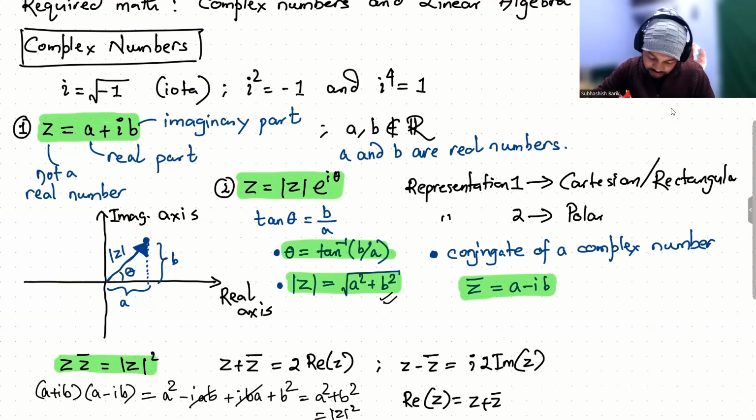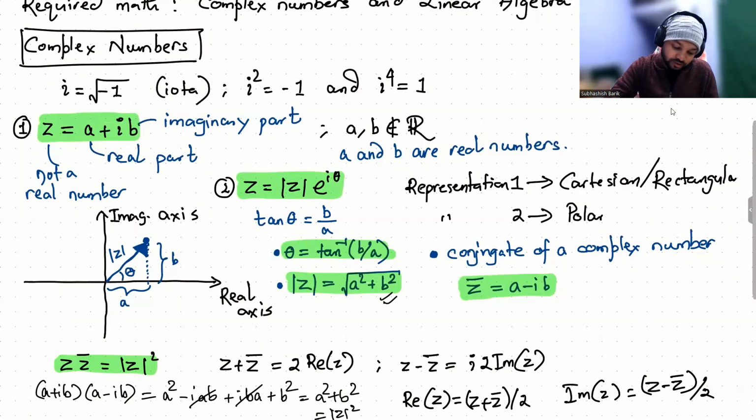So real part of z can be given by z plus z bar over 2, and imaginary part of z can be calculated as z minus z bar over 2i. Okay, so these are a couple more definitions to remember.